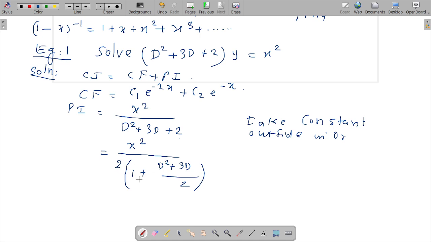So this equation will become, keep that 1 by 2 and take the denominator to the numerator: 1 plus (D square plus 3D by 2), put the bracket, close the bracket, power minus 1, into the remaining thing, x square. Don't write the x square by 2 here. You write the D terms first, then you write x square next.